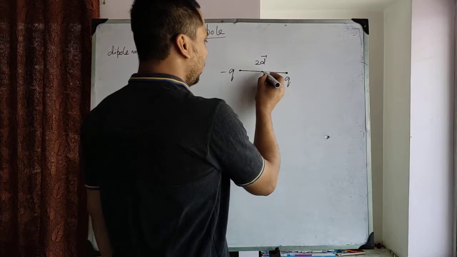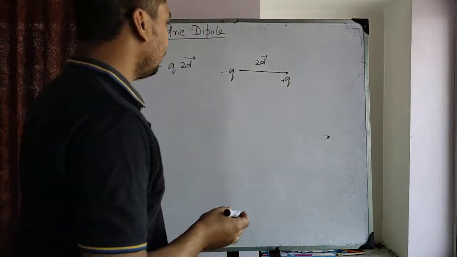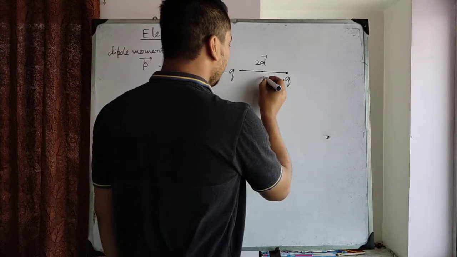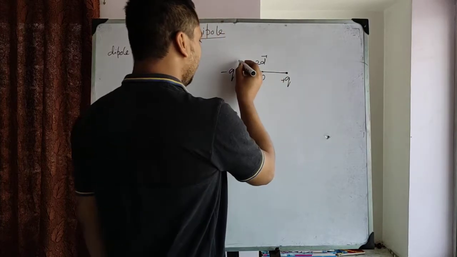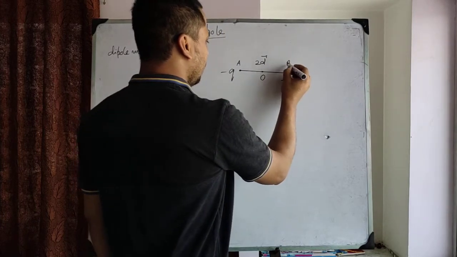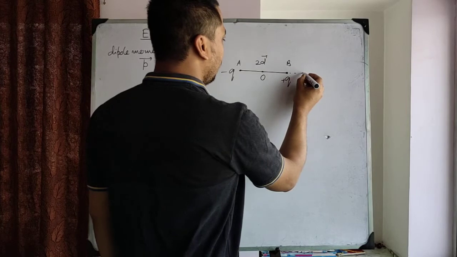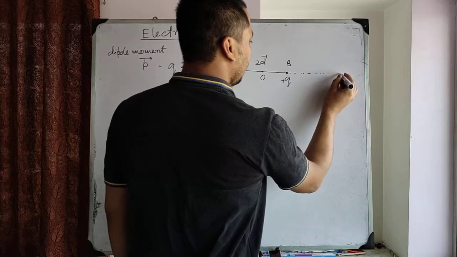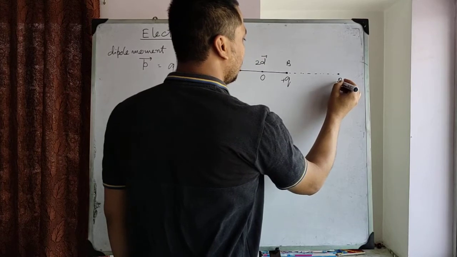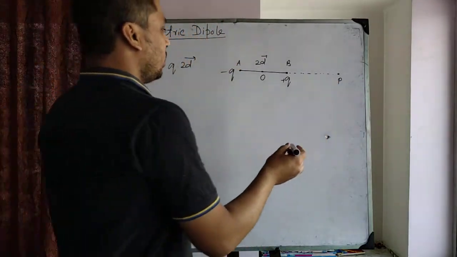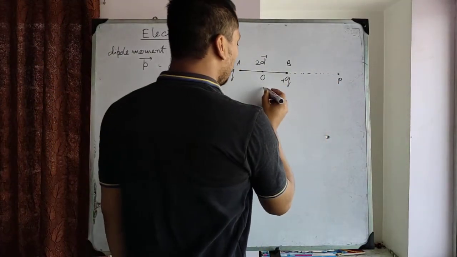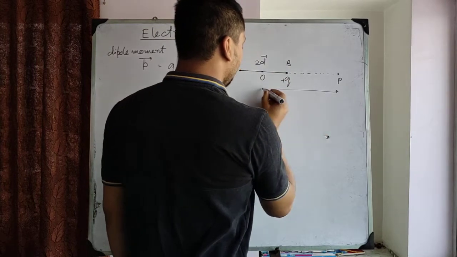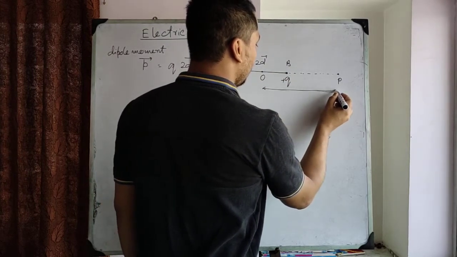Suppose this is the midpoint of the dipole, take it as O, and this is the axis of the dipole. We have a point P at a distance x from the origin, the center of the dipole.